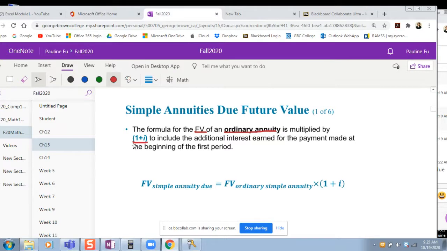It is just multiply by this 1 plus I, to include the additional interest earned for the payment at the beginning of the first period. So the future value for simple annuity due is just the future value for ordinary simple annuity times 1 plus I.